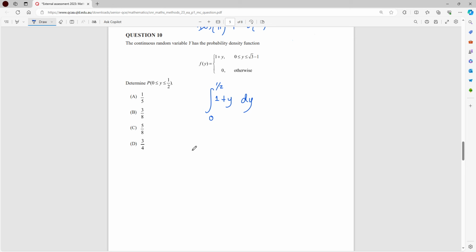Okay, so straight away just use the power rule. Add 1 to the power, so it's just going to be y plus y squared on 2. Then your bounds are 0 and a half. Substitute in just a half because the 0 is going to disappear. So you'll have a half plus a half all squared divided by 2. So you have a half plus, I think that would be an eighth, because you have a quarter on the top divided by 2.